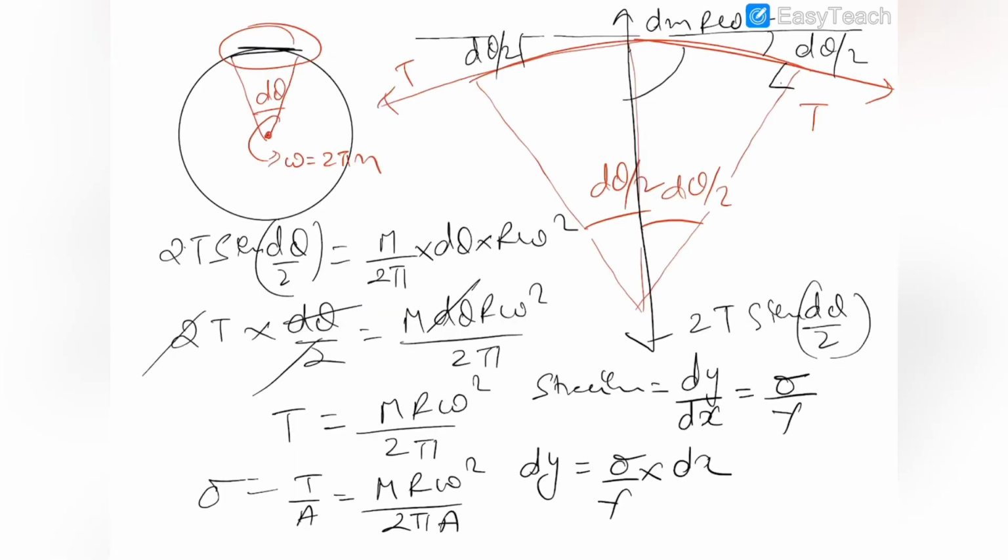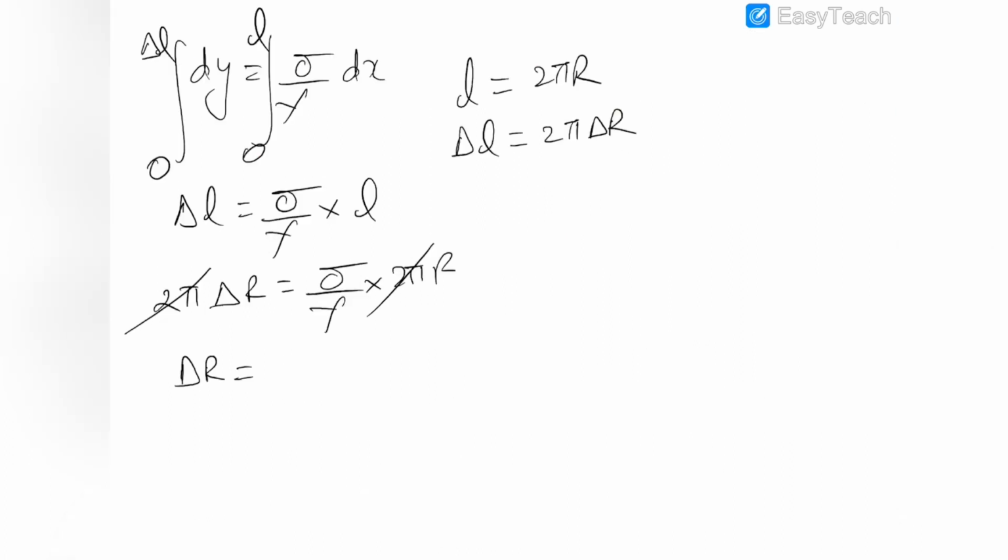Now sigma, we have already calculated that it is equal to m r omega square by 2 pi a. So this is m r omega square by 2 pi a into gamma and into r. Now you can see that omega is equal to 2 pi n.